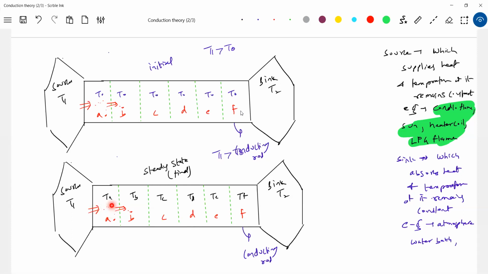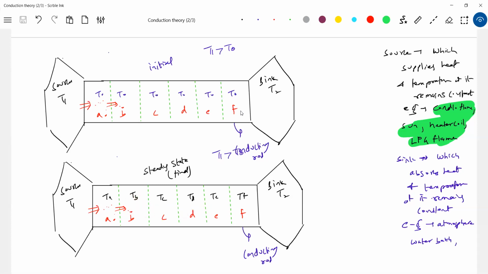There is no further rise in temperature of this element. It will be only involved in transfer of heat. At one instant, what we can call steady state, segment A will no longer absorb heat. It will be only involved in transfer of heat. All the heat it gets from the source, it will just give to segment B. Segment B also no longer absorbs heat, and is only involved in transfer of heat.